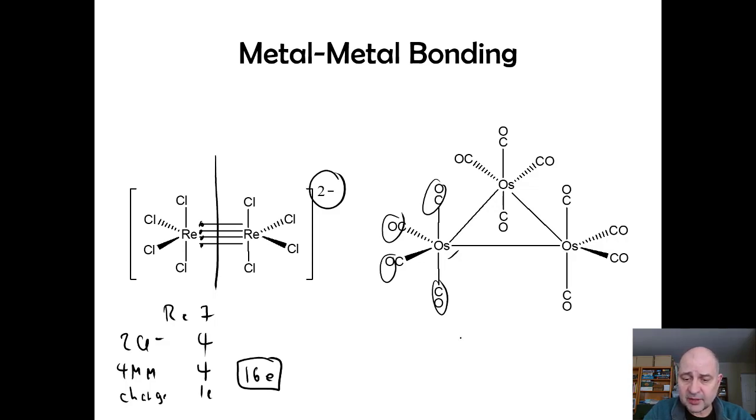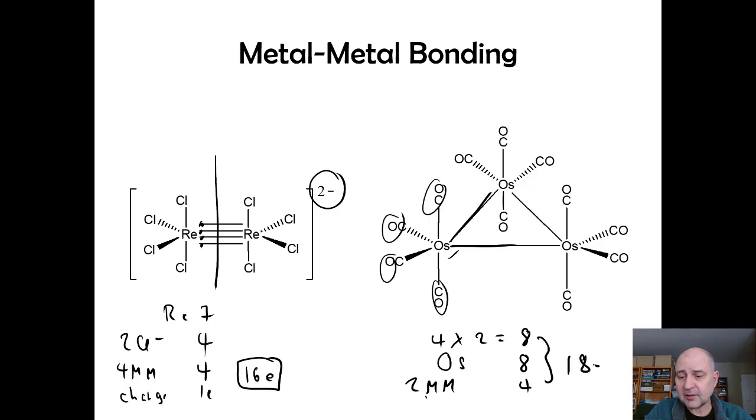Each carbonyl is 2 electrons, so 4 times 2 is 8. The osmium itself is also 8, and then it's not 3 metal-metal bonds, it's 2 metal-metal bonds. So 2 metal-metal bonds gives me 4 electrons, and that would be an overall 18 electron complex.